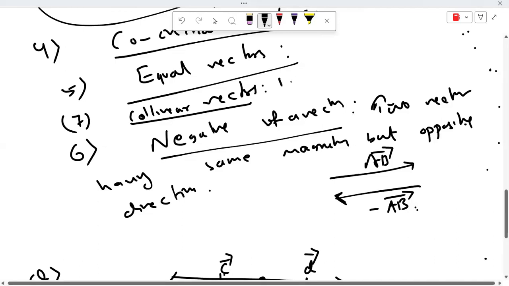Two vectors having same direction or parallel. Two parallel vectors are collinear, irrespective of their magnitude.